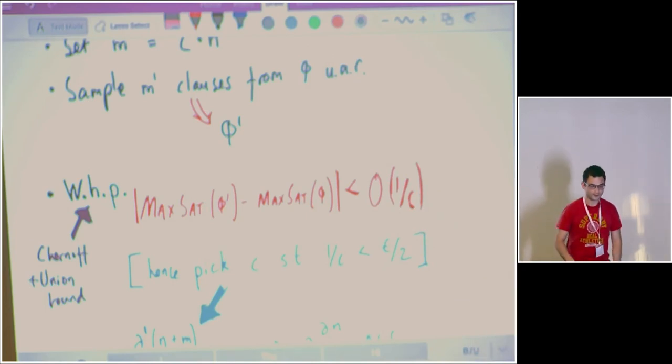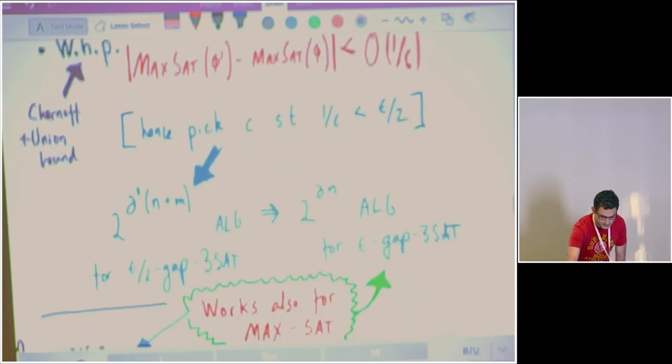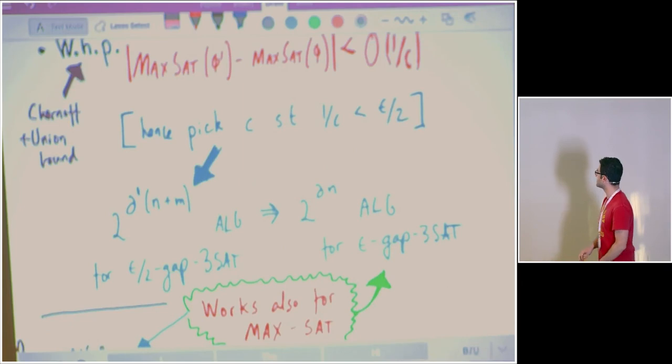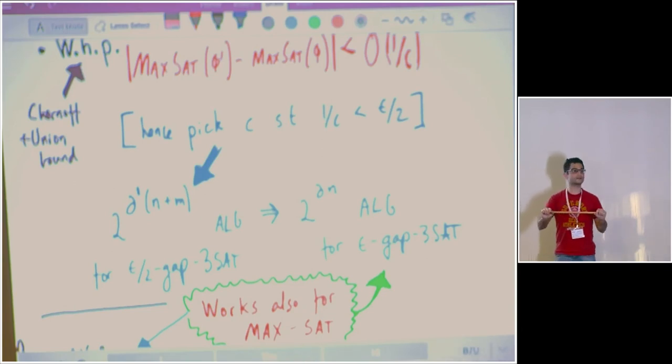Okay? So now we have proven that ETH is in fact equivalent to ETH prime. Furthermore, nothing in our argument used the number 3, that our clauses have size at most 3. So whatever we did works just as well for max sat.